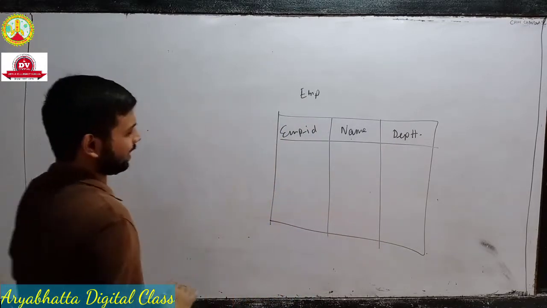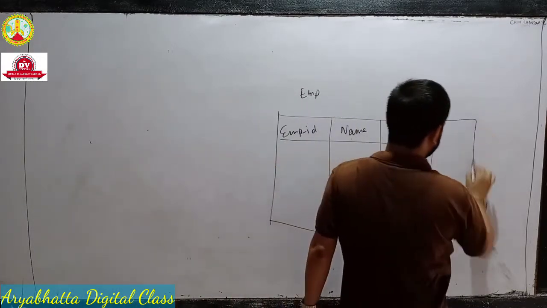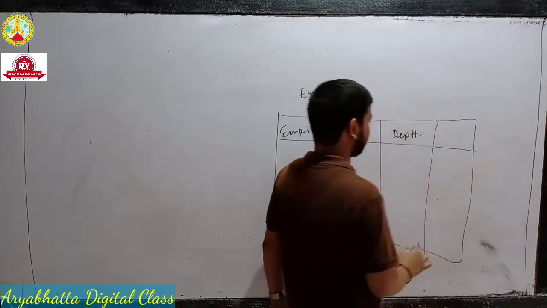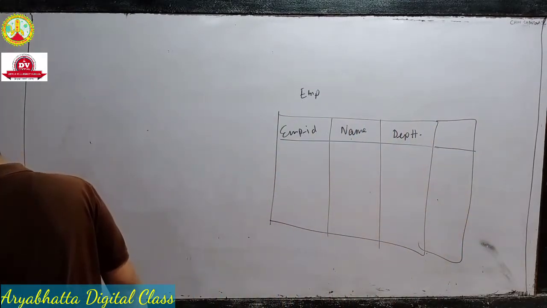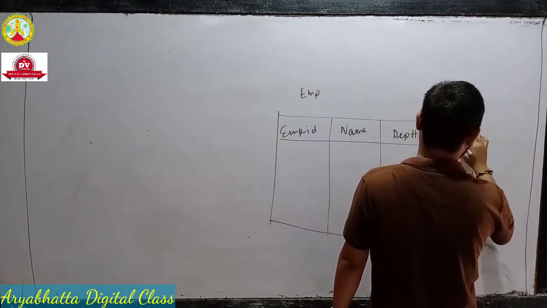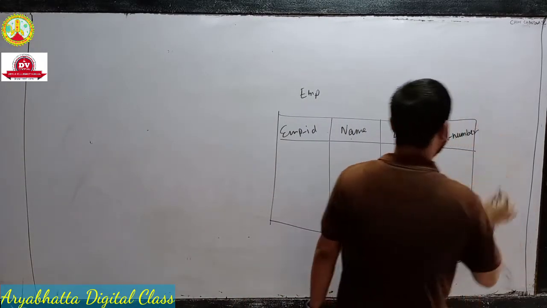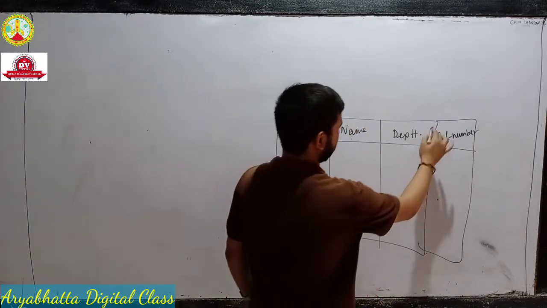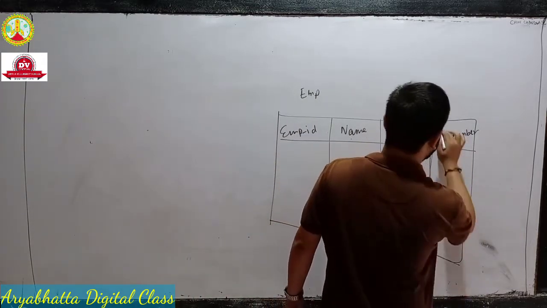Suppose you want to add a new column, and I give you a book's example: telephone number, tel underscore number. Suppose you want to add this new column.